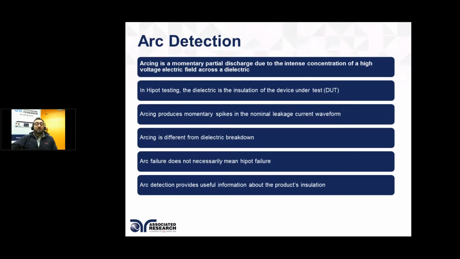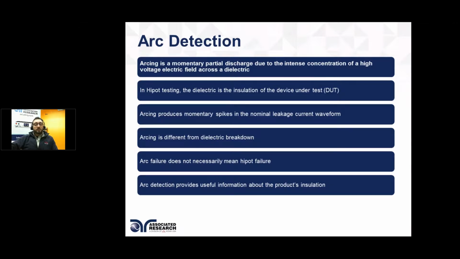Most test standards do not require looking for arcing. Again, this is an extra feature that we have built into our HiPod test instruments to give the user a little bit more information about the quality of the insulation, and in some cases I've seen people use the arc detection feature to predict how the insulation is going to behave in the next few months or years.